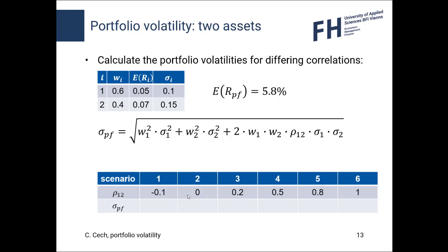In scenario 2 the asset returns are uncorrelated. Scenario 3 has a slight, very low positive correlation. In scenario 4 and 5 comparably higher correlations, and finally in scenario 6 a perfect positive correlation.